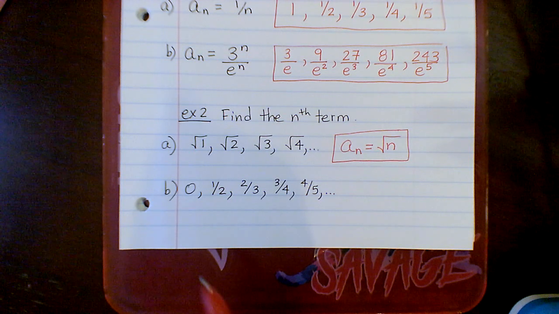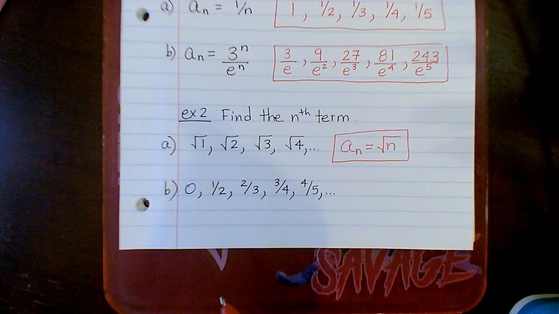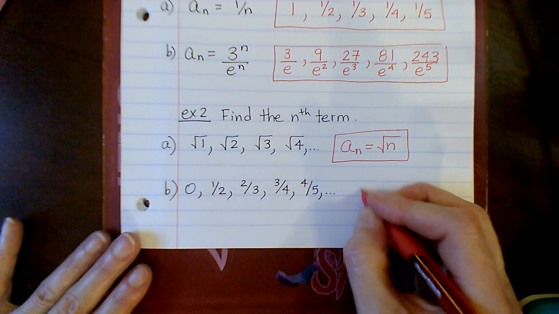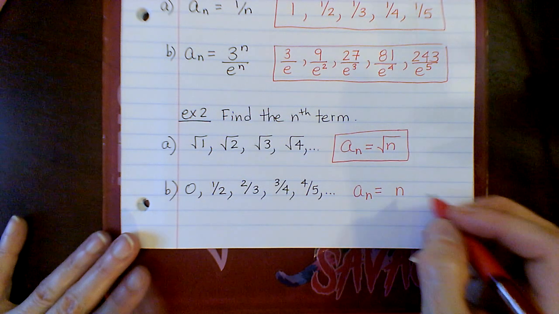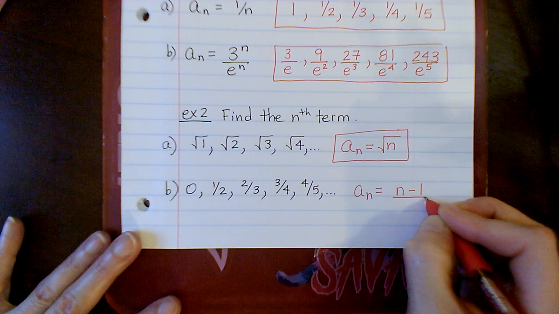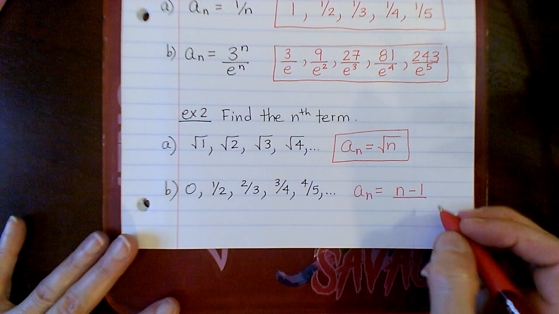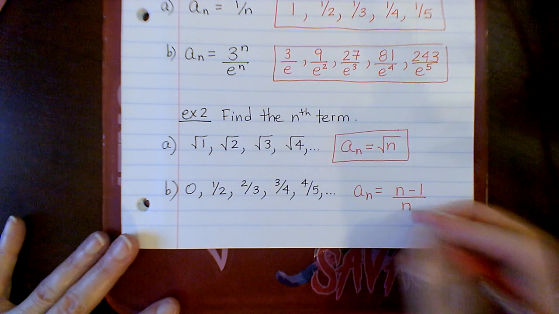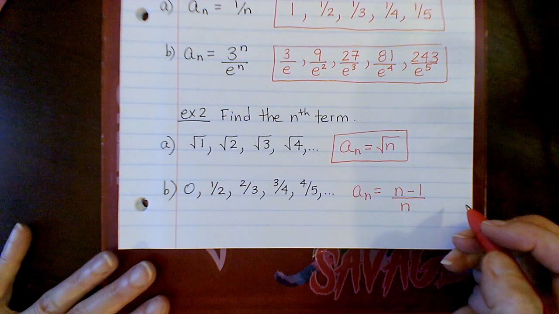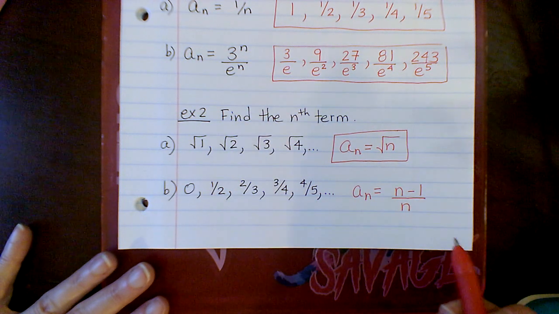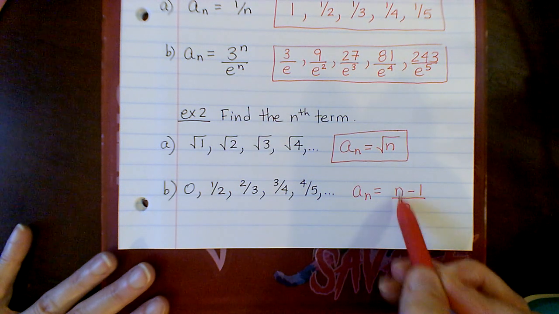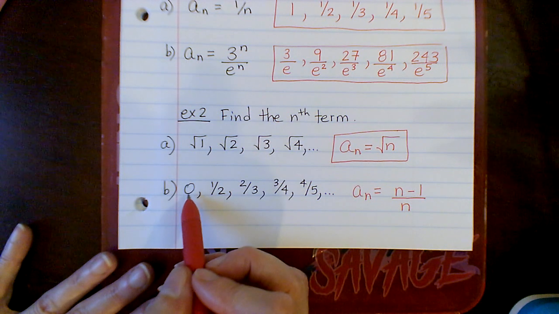Well, let's subtract 1 from both of them. So we end up with, instead of n on the top, n minus 1. Instead of n plus 1 on the bottom, if I subtract 1 from there, I get n. So if I plug in 1 to start this listing, I'm going to get 0 over 1, which is 0.